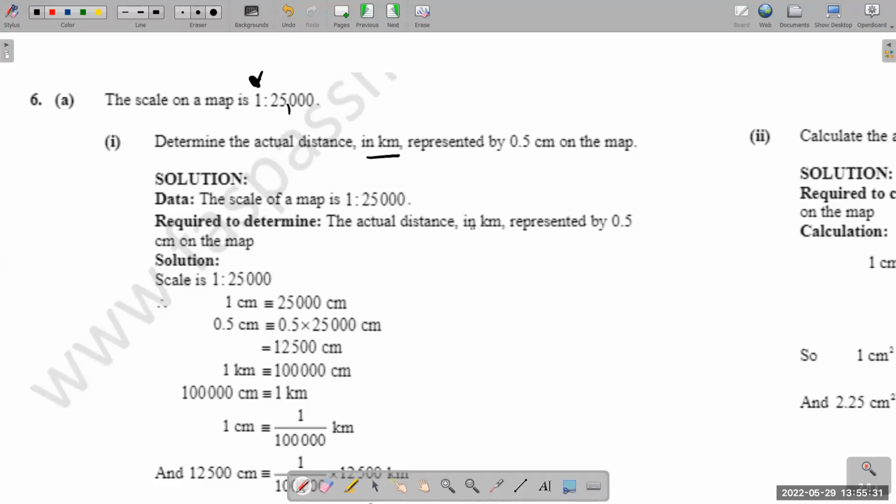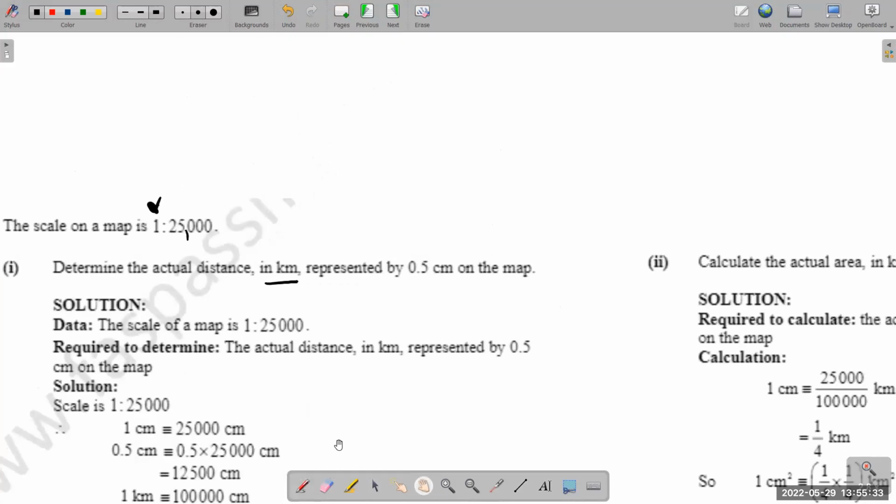How do you do that? We did this in ratio. Look at this. If 1 is 25,000, how do I move to 0.05? If I multiply 1 by 0.5, what am I going to end up with?